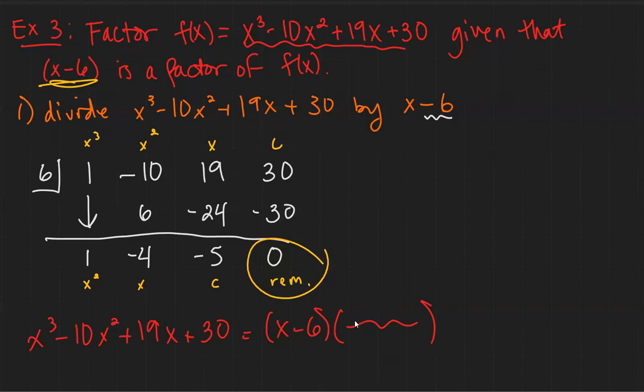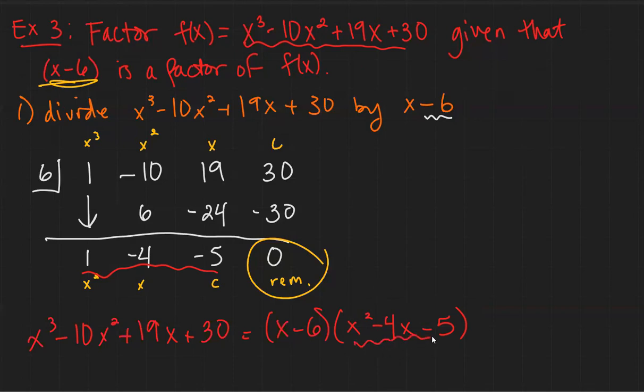It's this right here. It's the result of our synthetic division. X squared minus 4x minus 5. And if you're not convinced, multiply that through and you'll see you'll get the same thing over here, okay? Now we factored it a little bit. We just need to keep going or check to see if we can keep going.